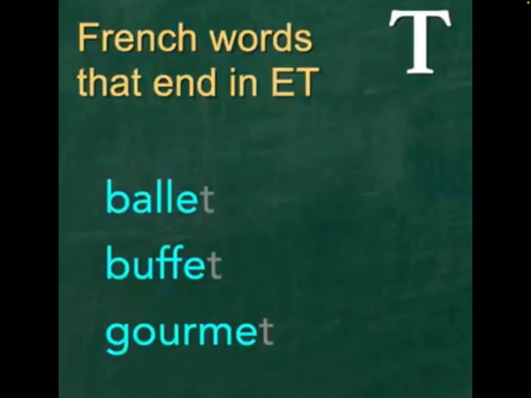Now these are words taken from the French. They're cute words, and we have many words that we have taken from the French, but these are most common ones that you know. But don't let that confuse you. Most of the time we do pronounce the E at the end of a word. Okay?